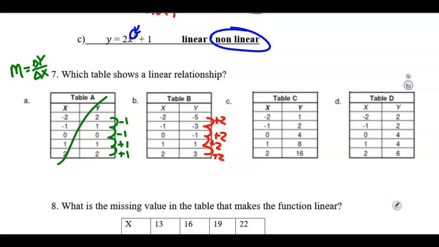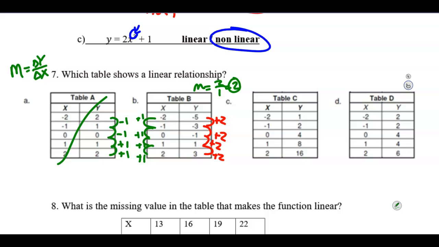These are constant here, so the slope would be 2 over, and then I want to make sure this goes up by 1, that goes up by 1, that goes up by 1. Oh, this one also goes up by 1. They're all the same on this side. It's 2 over 1, or we would say our slope is just 2.